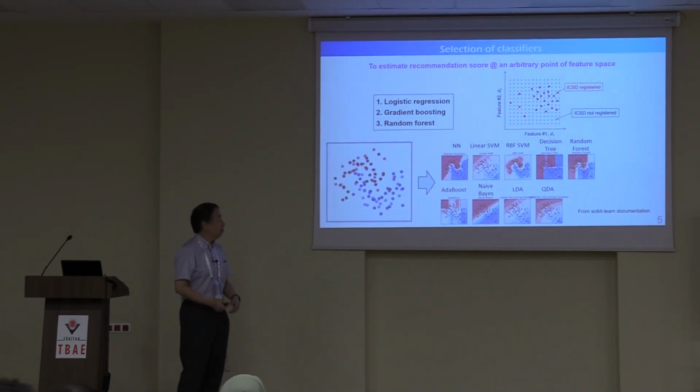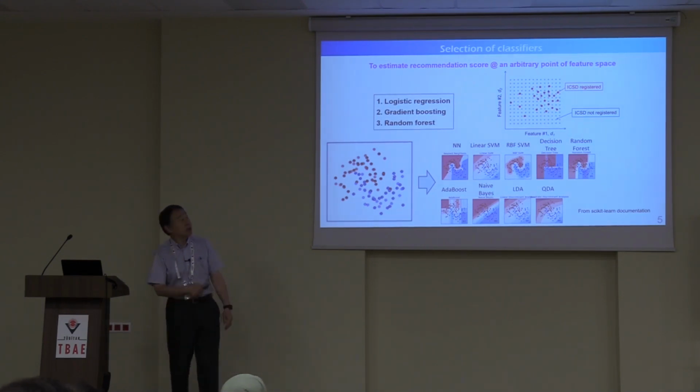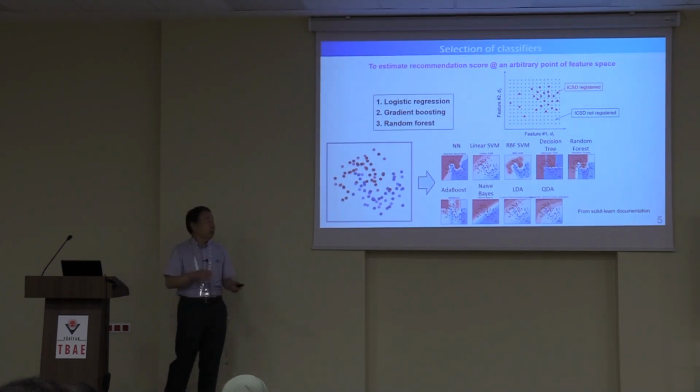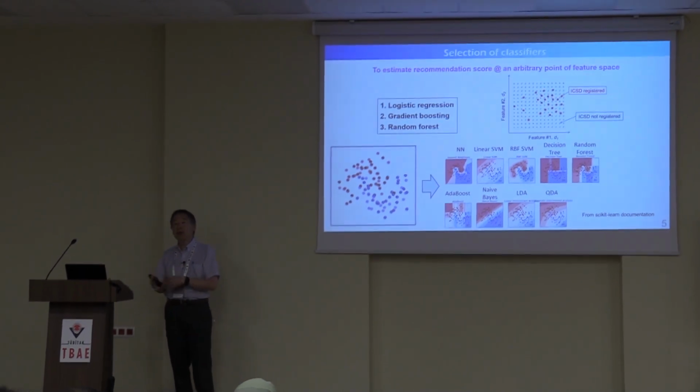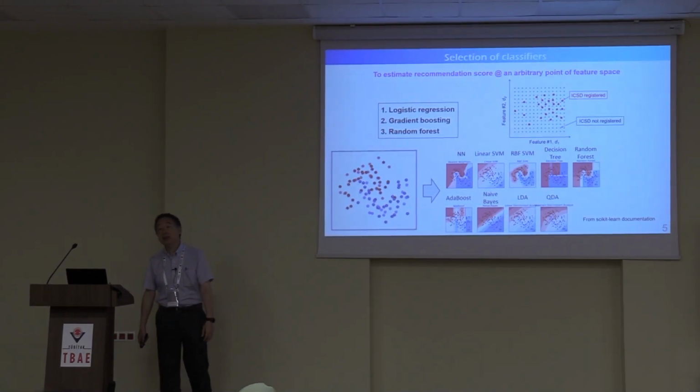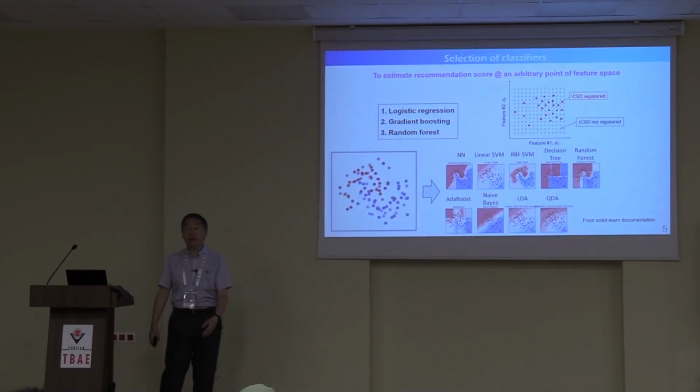Testing many different classifiers in this case is so easy. Using scikit-learn, a Python type of software, you just put in one line, and instead of NN, set equal to default linear SVM, then it performs that. So testing many different classifiers is so easy, so we just do that.